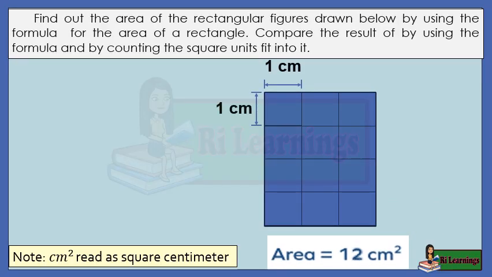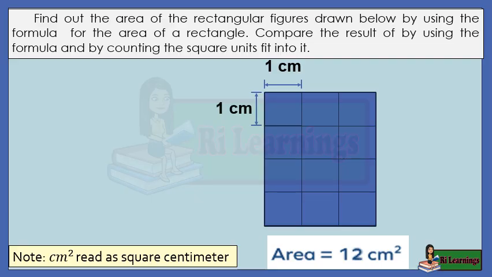Find out the area of the rectangular figures drawn below by using the formula for the area of a rectangle. Compare the result of using the formula and by counting the square units that fit into it. Since the length of the rectangle has 4 units square of 1 centimeter, the length of the rectangle will be equal to 4 centimeters.